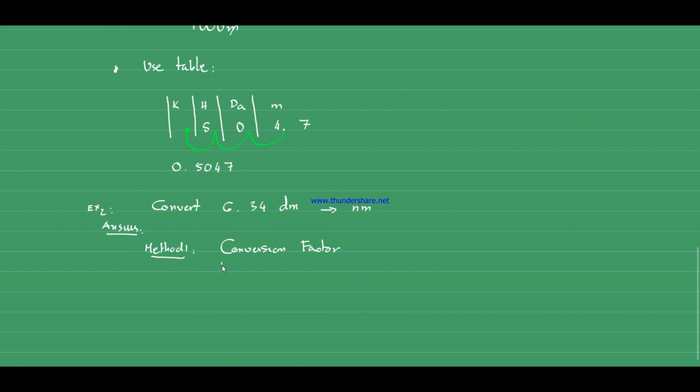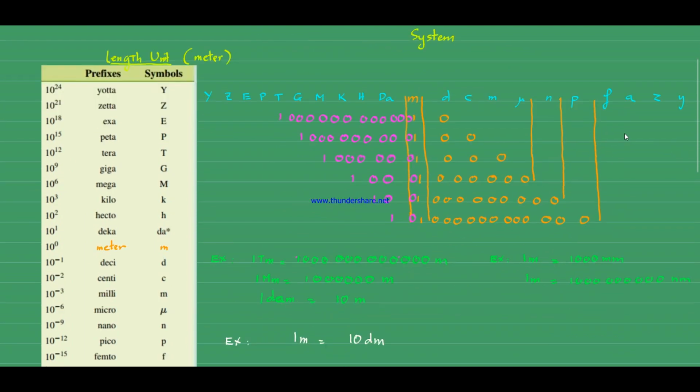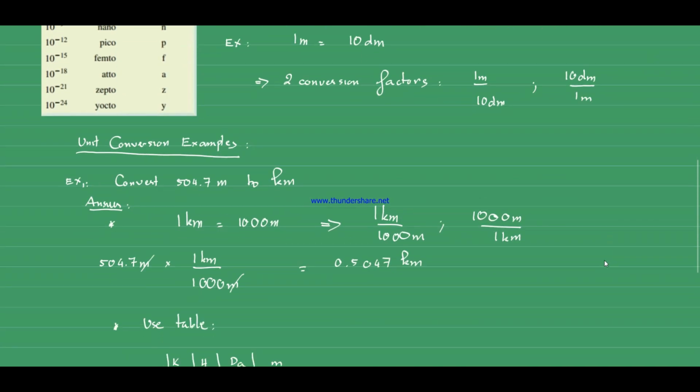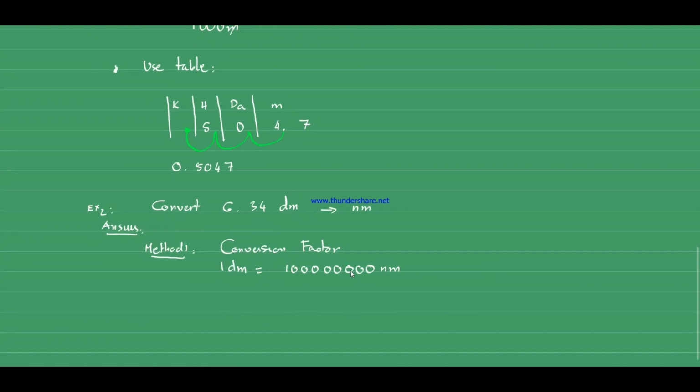So 1 decimeter is 1 with 8 zeros nanometer, because 1 meter is 1 billion nanometer, but the decimeter is right after meter, so we just remove one zero, so it will be 8 of them. Okay, so it's about 100 million. Yeah, it's 100 million nanometer.